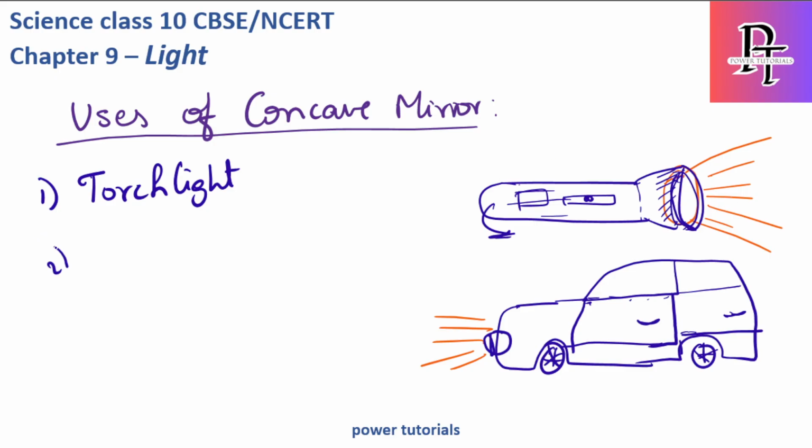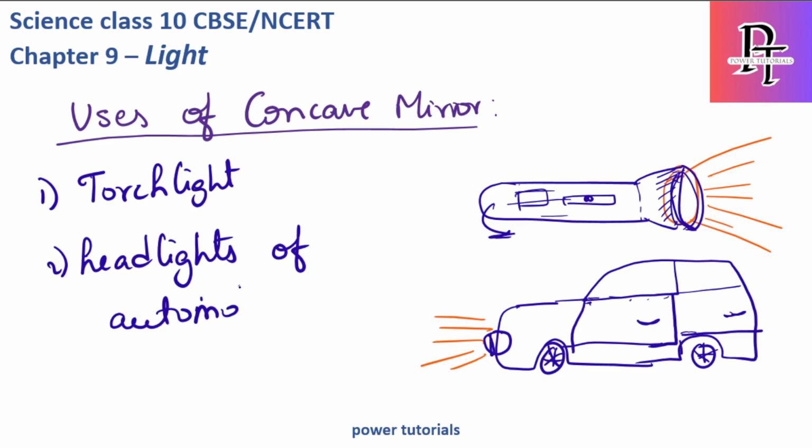And second, headlights of automobiles. Automobiles in the sense of bikes, cars, tractors or anything. Okay, so if you notice the headlamp, around the bulb you can see some silvery kind of structure. In detail, inside there will be a bulb, and surrounding it you can see there will be a shiny surface, and then the light will be projected over more distance.